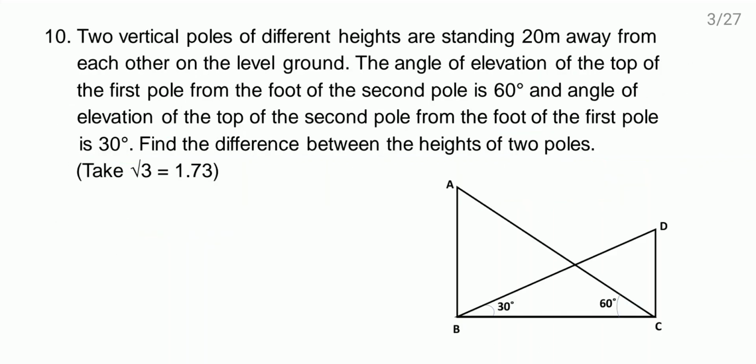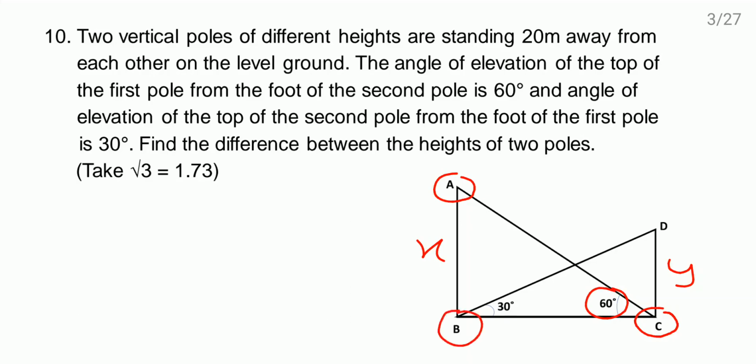Here. This one AB is one pole whose height we don't know. We'll consider it as X. And CD is the another pole whose height also we don't know. We'll consider it as Y. Right? Now this is the foot of the smaller pole. From here, when you are looking at the top of the taller pole, the angle of elevation is 60 degree here. Correct? Now same thing here.